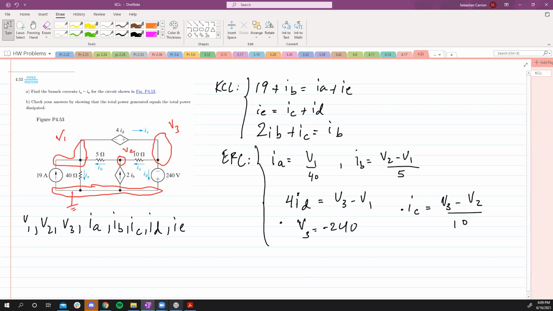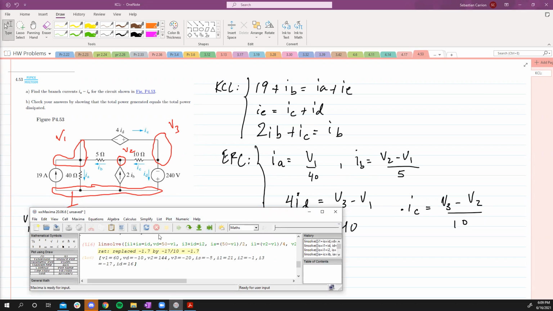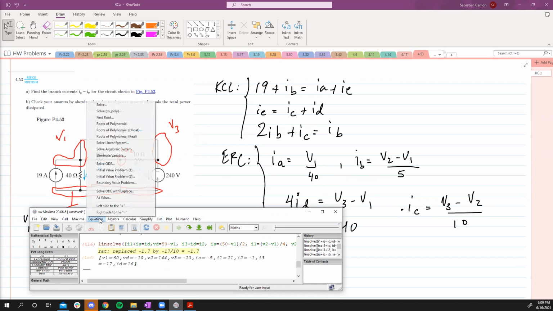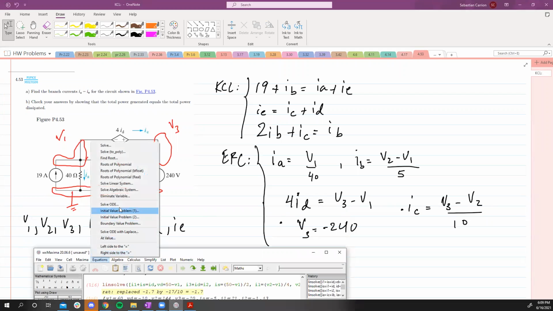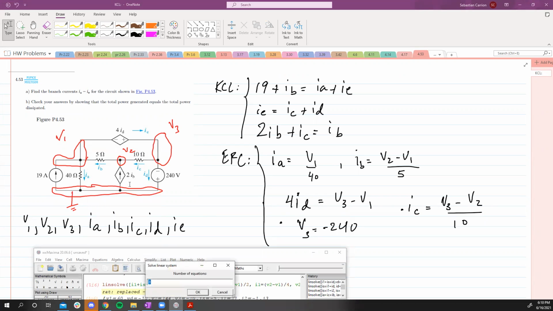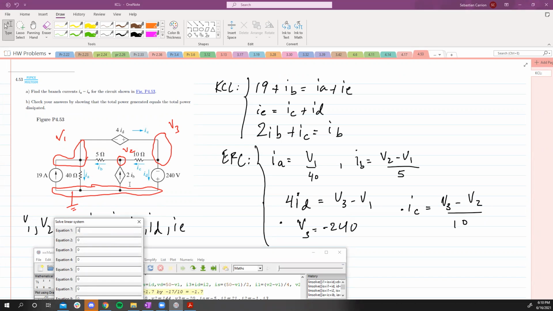All right, so let's go ahead and plug this into Maxima. 19 plus IB equals IA plus IE. IE equals IC plus ID. 2 times IB plus IC equals IB. IA equals V1 over 40.